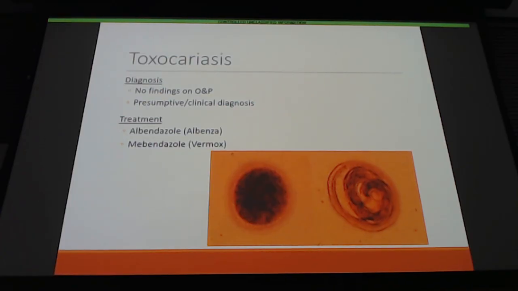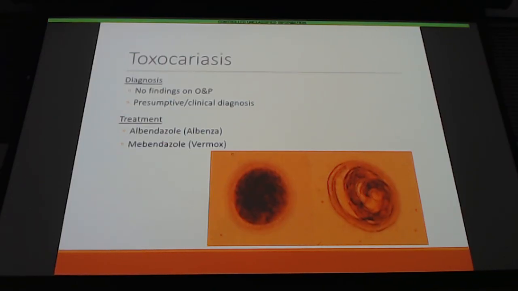And for these guys, during the migratory phase, right? Remember, whenever it's migrating, your eosinophil count will go up. So you can see eosinophilia with these guys. Other things that you can do are ultrasound, CT, or MRI, to figure out where they are and how invasive they've become within the organ that they've chosen to attack.